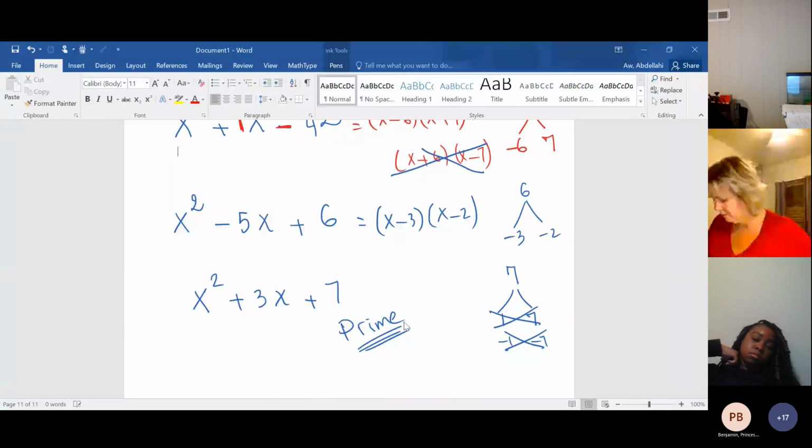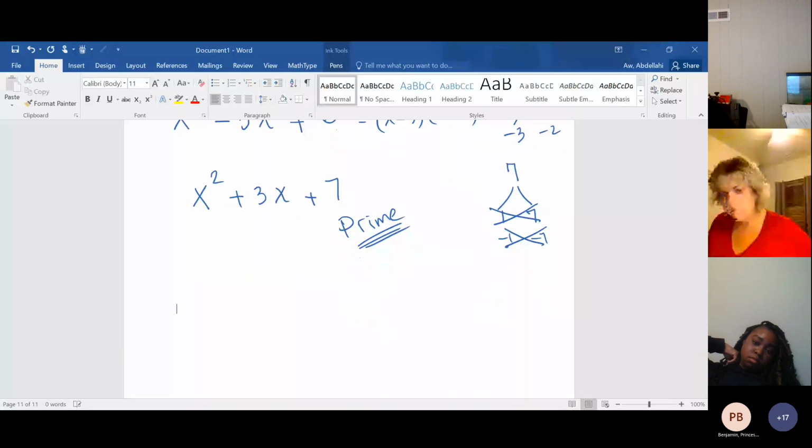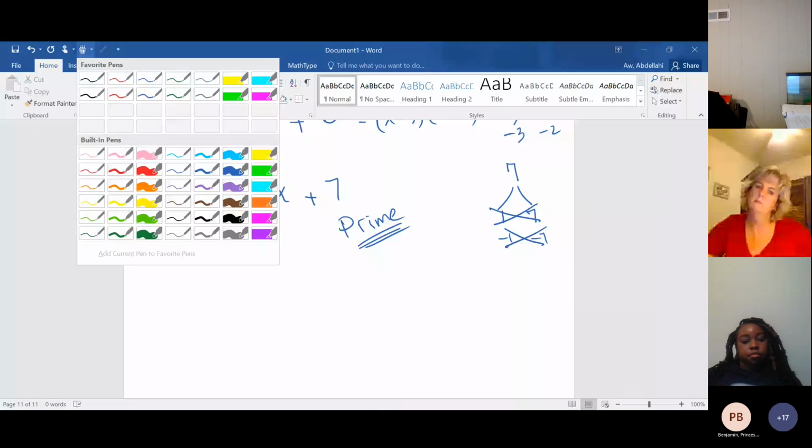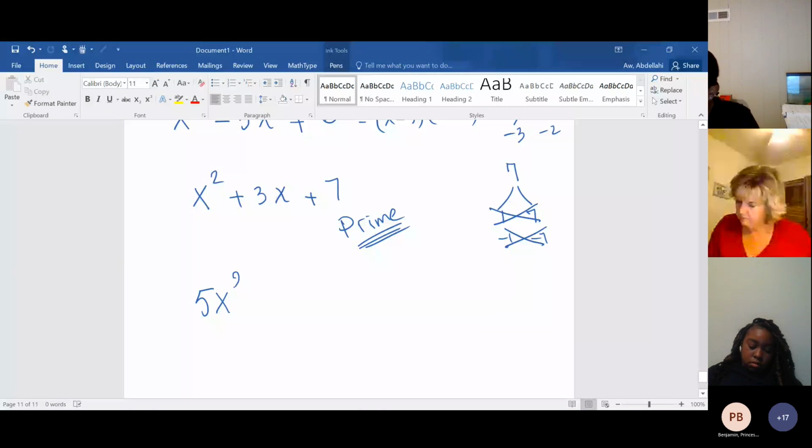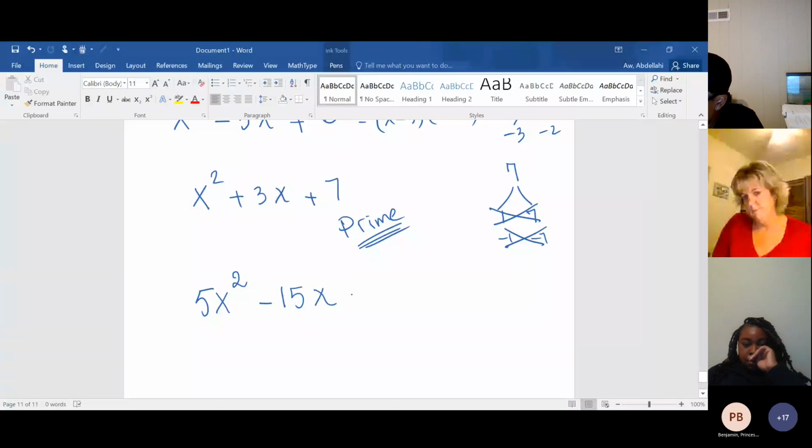Okay. All right. So now here, if I have another example right here, 5x squared minus 15x minus 50.